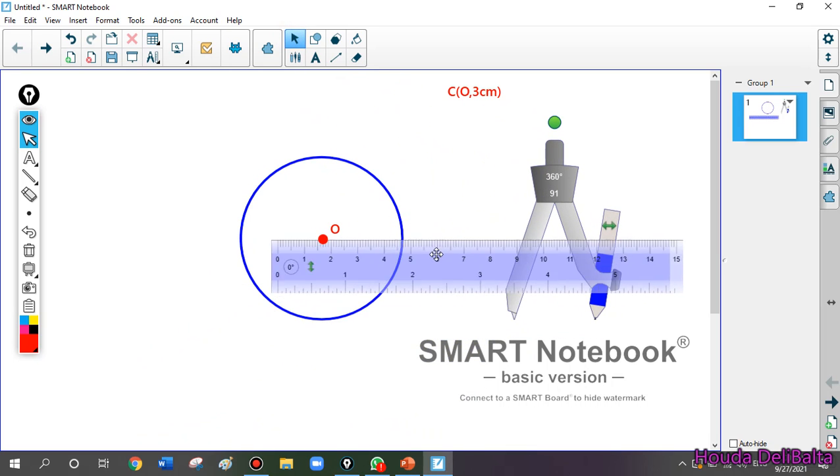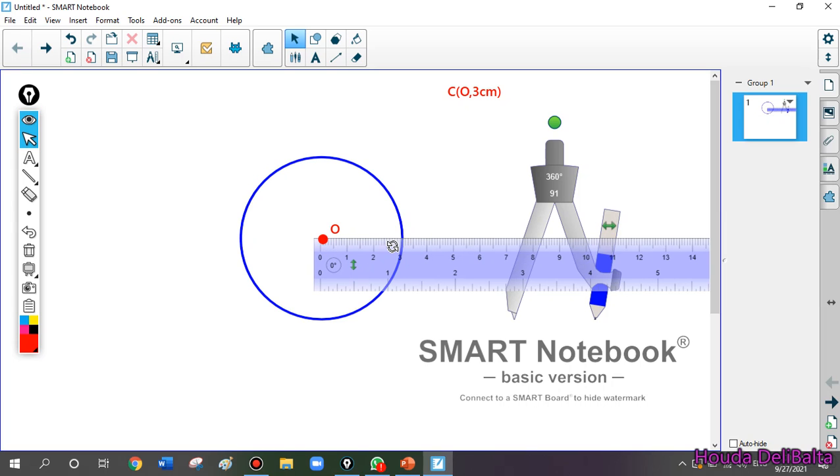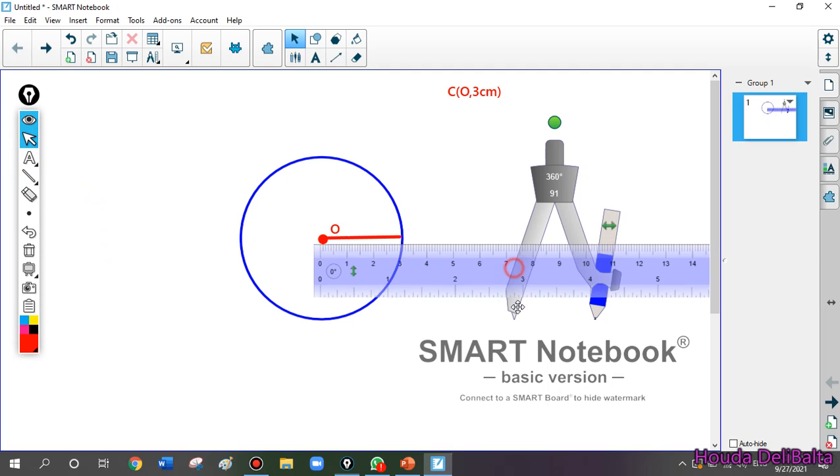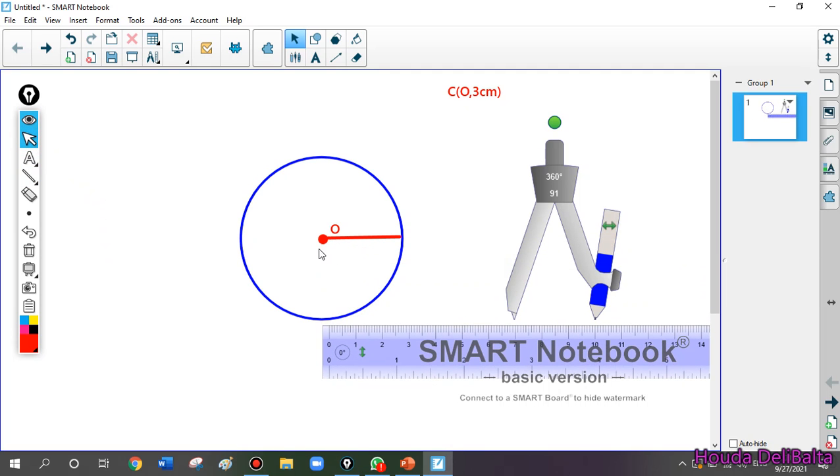If we measure the radius, look, it is exactly 3 centimeters. Now I join the radius. That's the radius. This segment is called the radius.